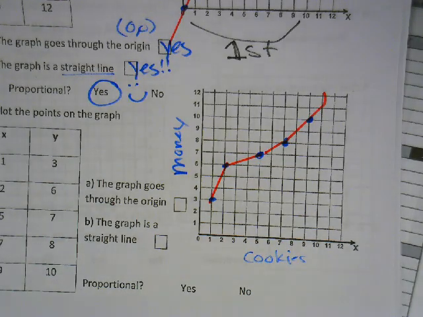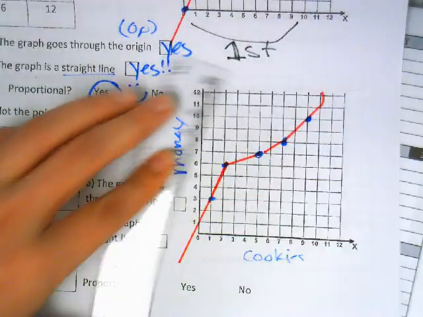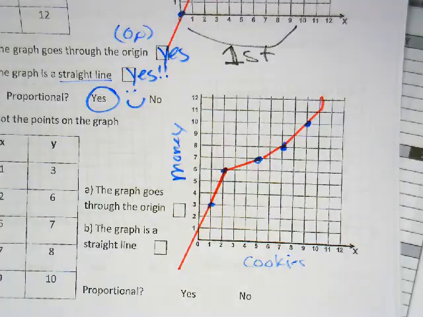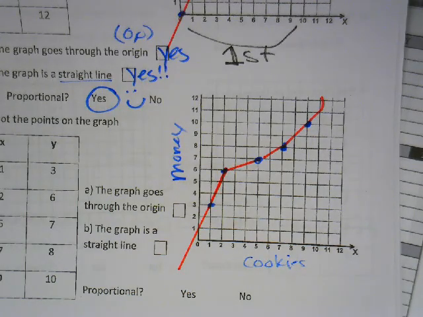Does it go through the origin? No. So, this is like the store. If I buy 1 cookie, it's $3. 2 cookies, 6. Okay. But if I buy 5, they don't charge me 15, they charge me 7. They're giving me a huge discount.